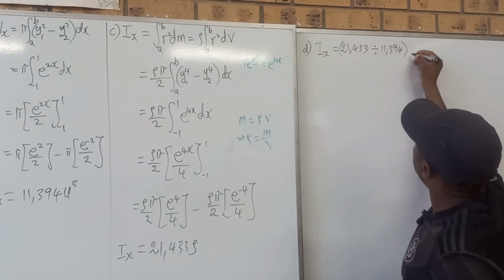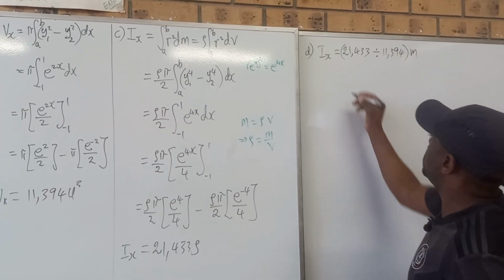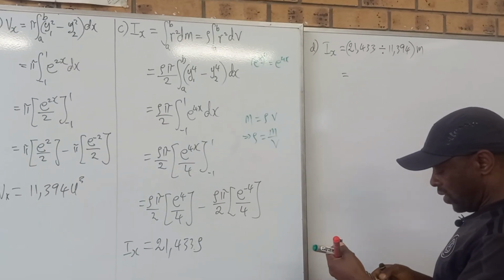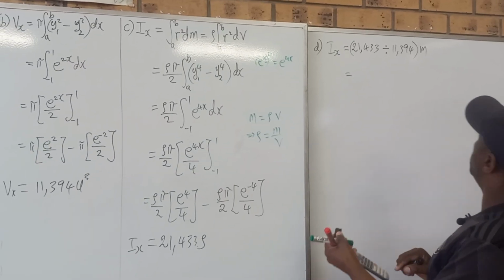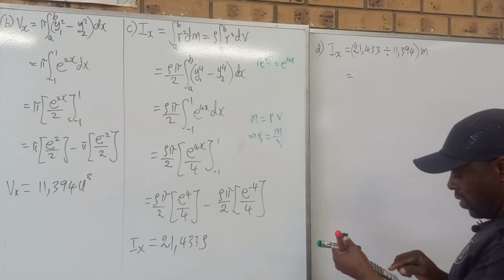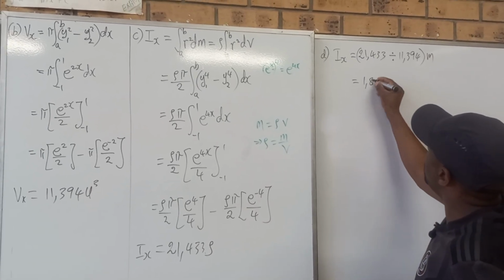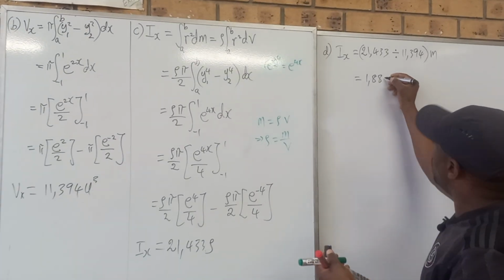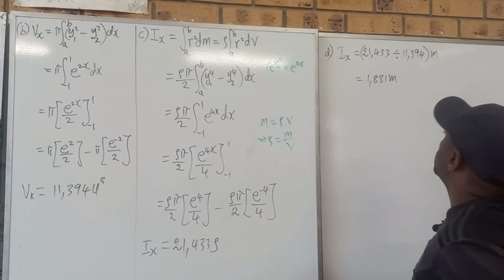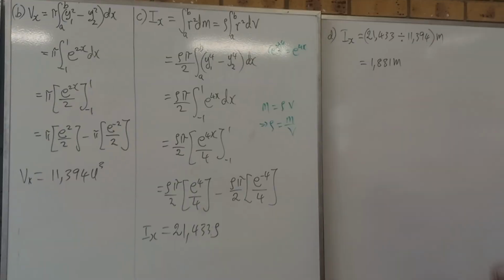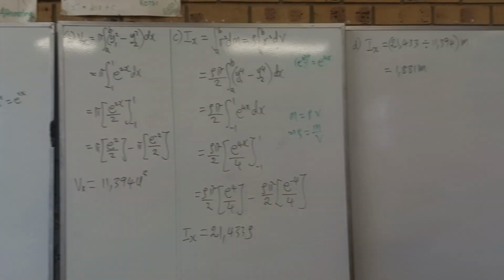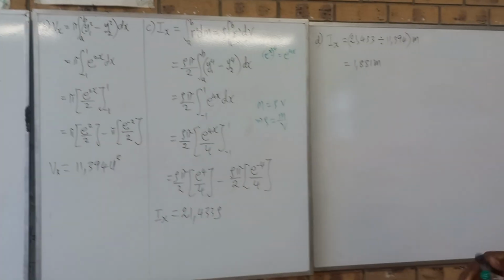Then I multiply this by mass. So that is how simple it is. So I will divide by 11,394. It gives me 1,881 m. So guys, that is how we calculate our moment of inertia and then write our answer.